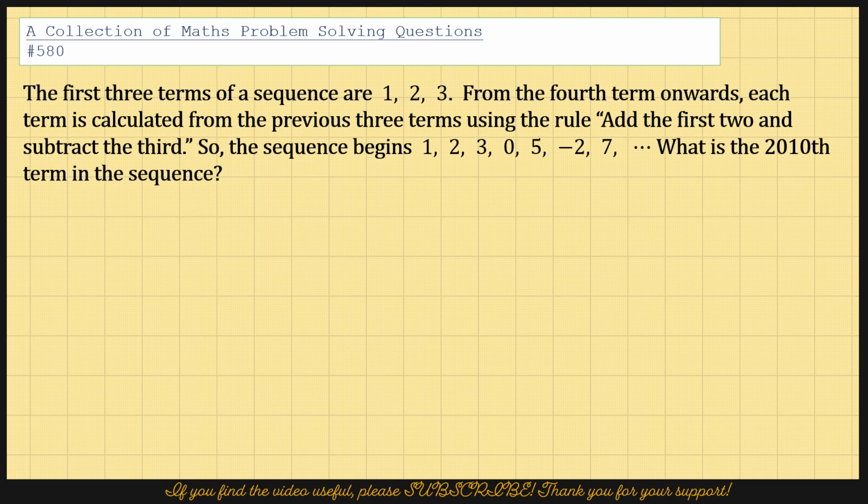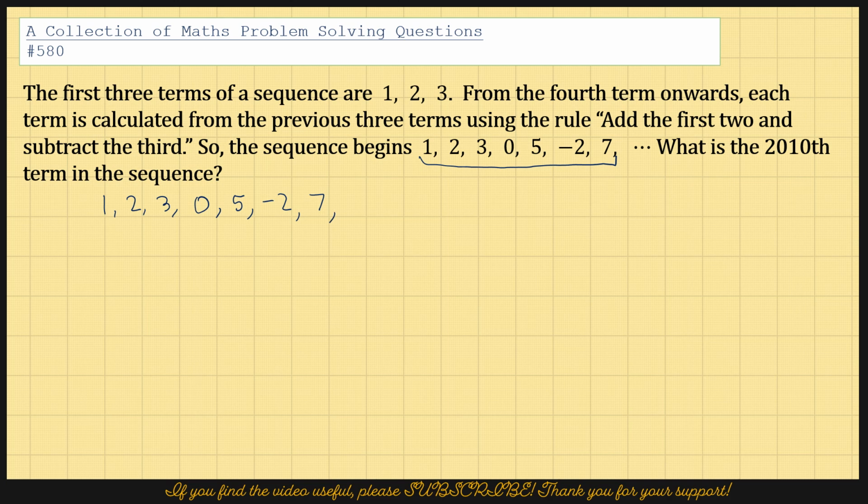I would start by writing out this sequence, continuing it a bit longer, and see if there are any patterns. So you'd have 1, 2 and 3 as they have written, then 0, 5, minus 2, and 7.